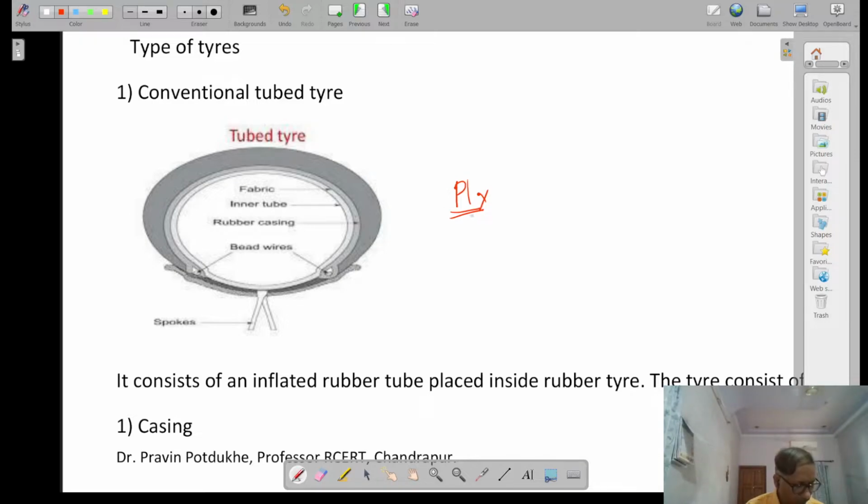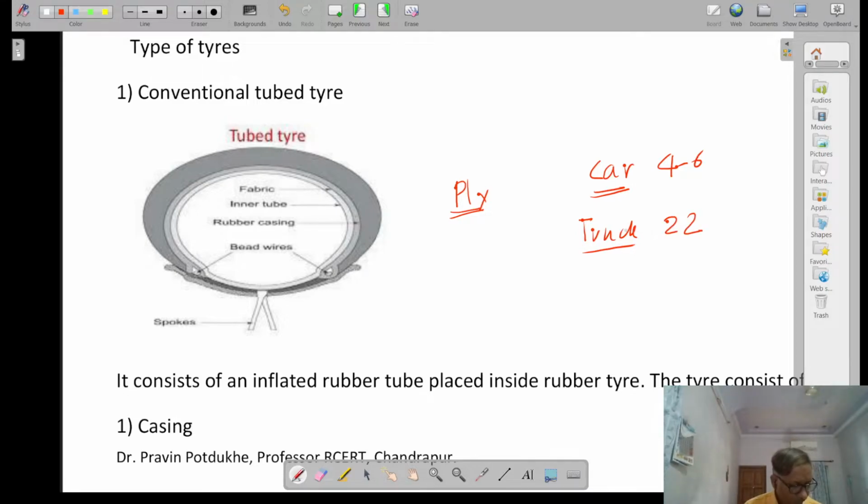If I take the example of a motor car, this fabric has 4 to 6 plies. Then if I take the truck, the truck has 22 plies.